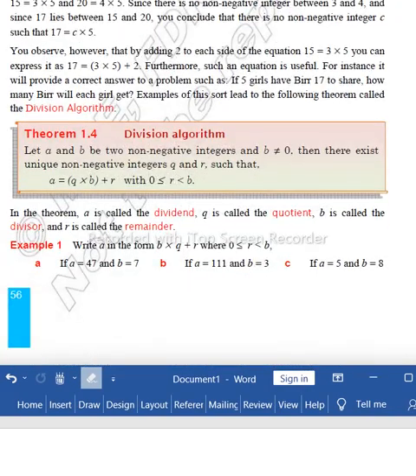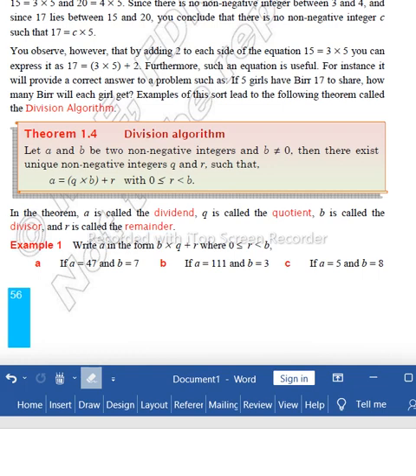Let A and B be two non-negative integers. B must be different from 0, because any number divided by 0 is undefined.